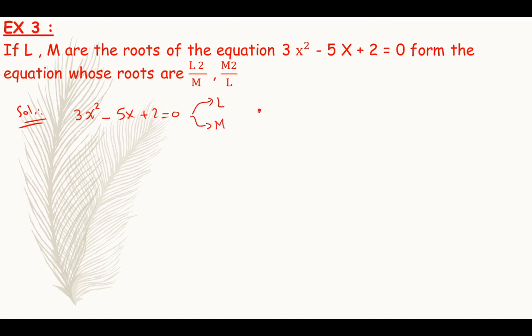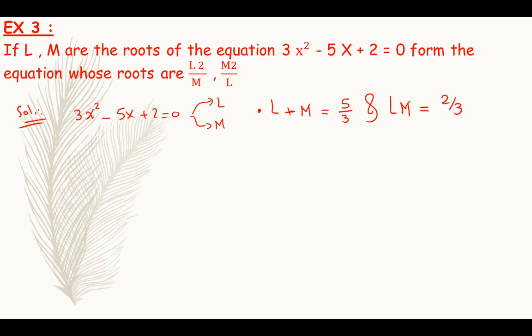The first step is the sum of the two roots, L plus M. L plus M will be equal to negative B over A, which is equal to 5 over 3. The product of the two roots, L times M, equals C over A, 2 over 3. Okay?